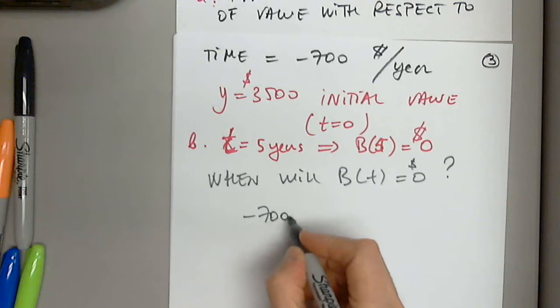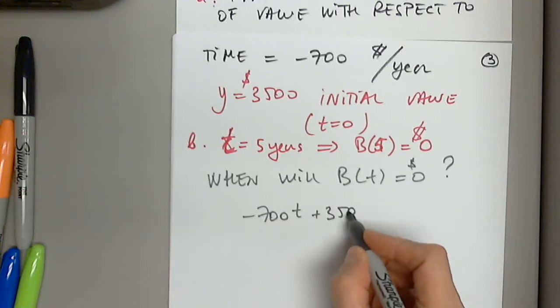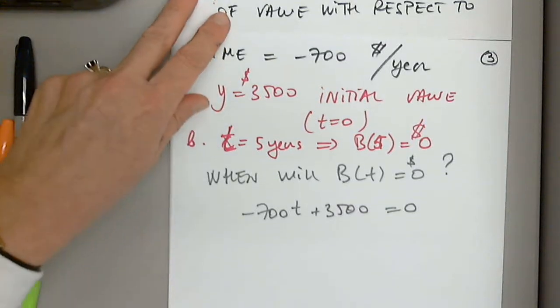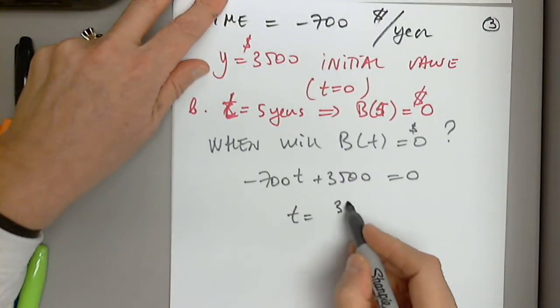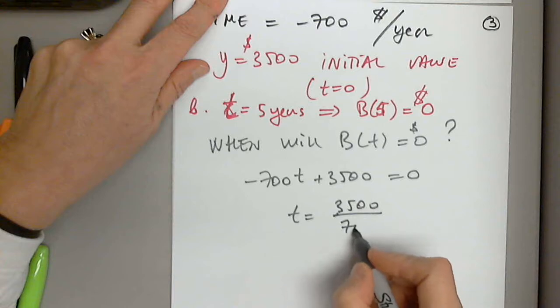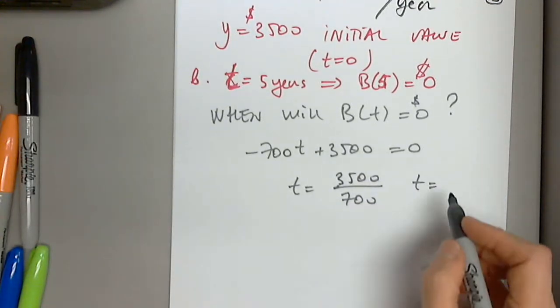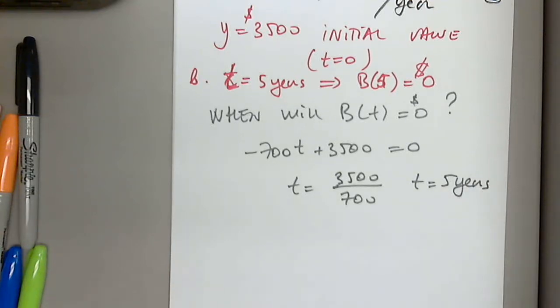So negative 700t plus 3,500 equals 0. Awesome. What type of equation is this? Linear. Perfect. I have to move 3,500. It becomes negative, and divide by negative 700. So t equals negative 3,500 divided by negative 700. So t equals 5 years. Excellent question. Thank you.